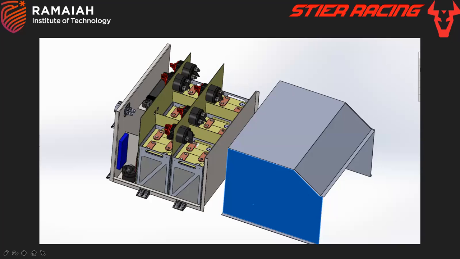Can you see this brown colored thing? These are bus bars. The cells are connected in series or in parallel using these copper bus bars, and based on this we get the required power output.